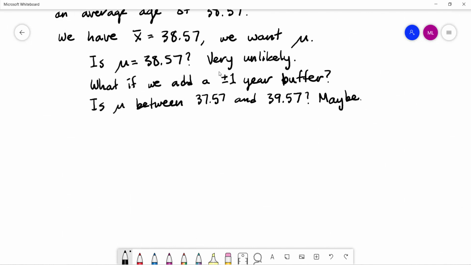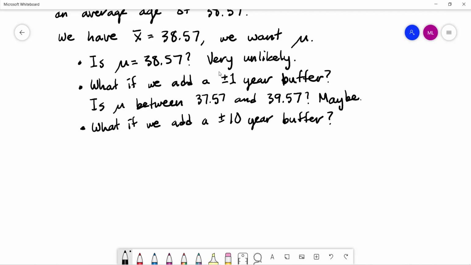But what if we do this? What if we add a plus or minus 10-year buffer? So the question that we're asking is, let's bullet point these, is mu between, so adding and subtracting 10 years from our original value gives us 28.57 and 48.57.